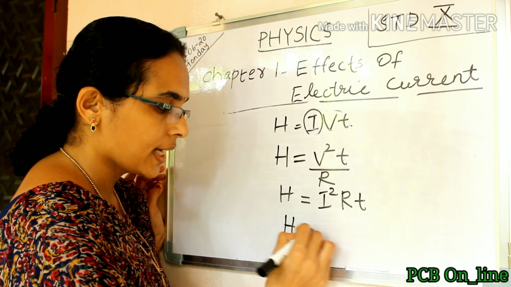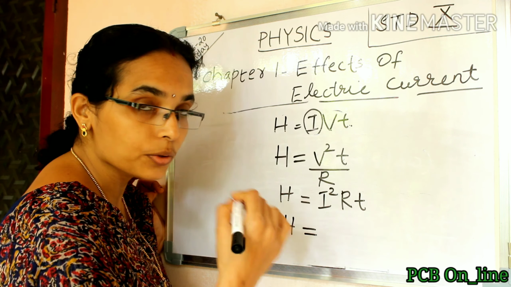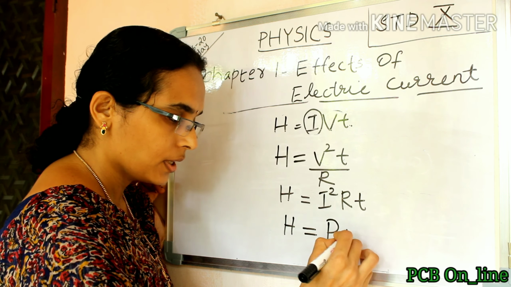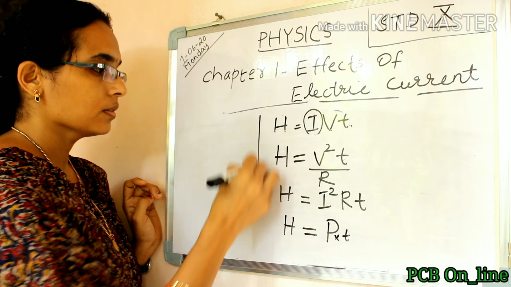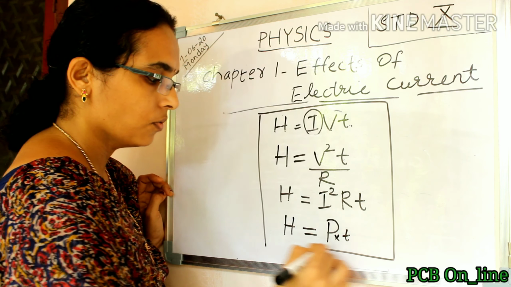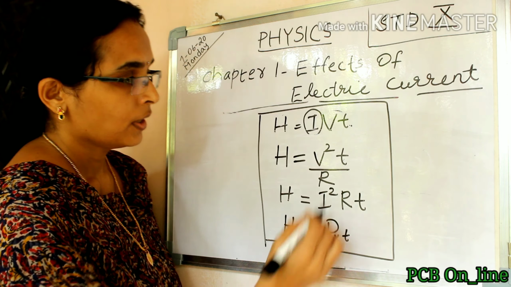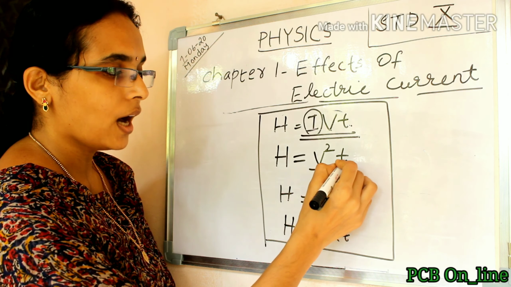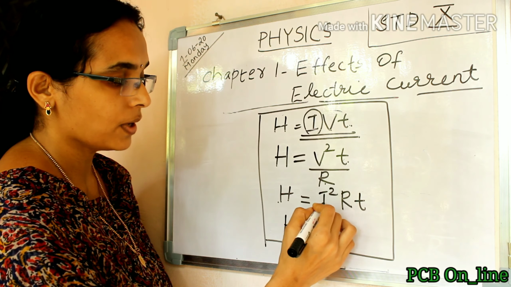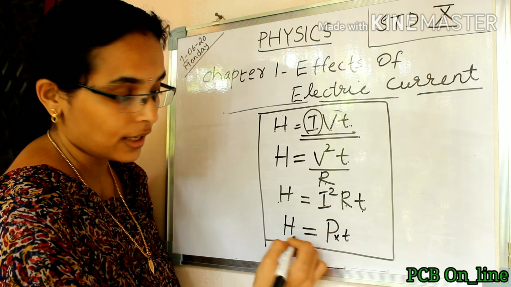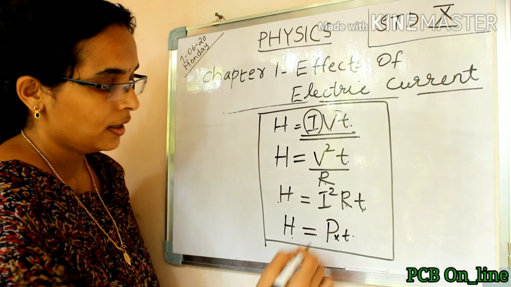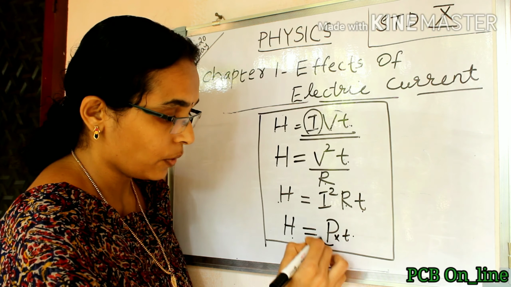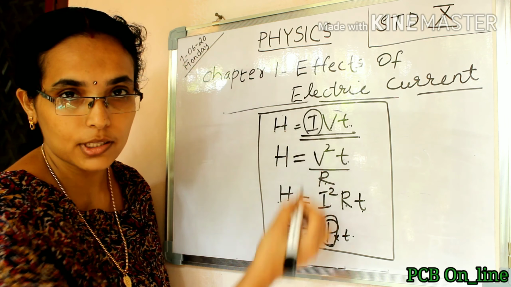Also, we know that heat is equal to work, and work means power into time, that is P into T. Thus, we have these four equations for calculating heat energy: H is equal to IVT, H is equal to V square by R into T, H is equal to I square RT, H is equal to P into T.